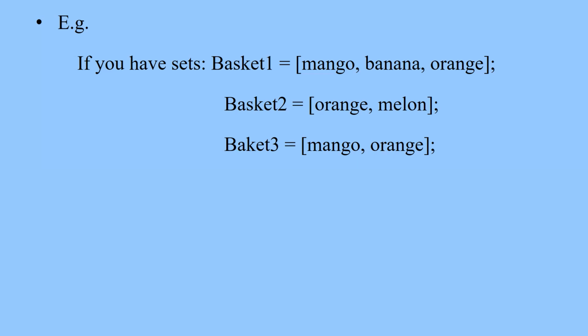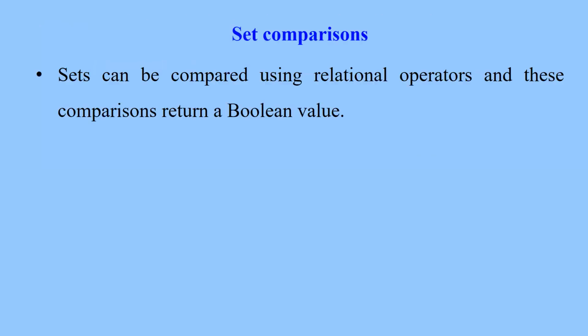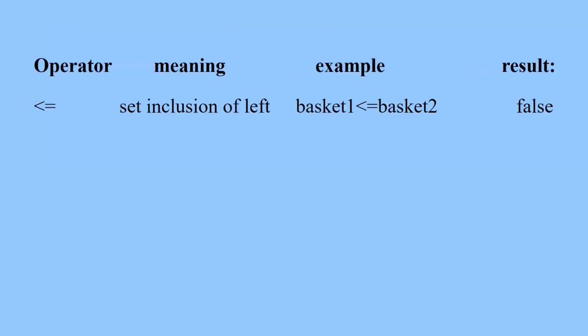And at the same time, the members of basket 3 are also found in basket 1. And therefore, this statement will return true. Are the contents of basket 3 less than or equal to the contents of basket 1? Yes, that is true.